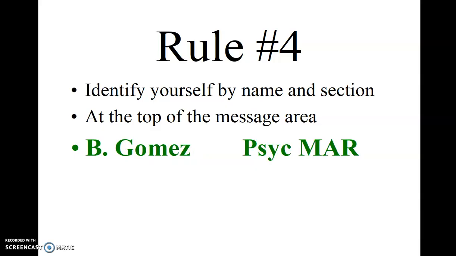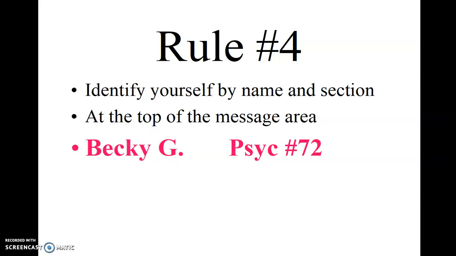And if you are Becky Gomez, who started in the general psych class beginning in March, this is what the top of your message area should look like. Now, Becky Gomez should do it like this and should not put Becky G, Psych 72. I might have a Becky Gonzalez and a Becky Garcia in addition to a Becky Gomez.